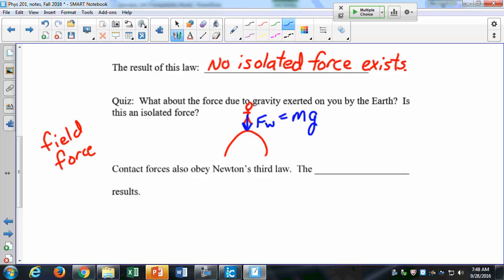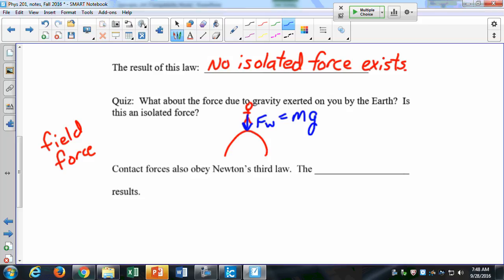So the Earth is pulling down on me, and I'm pulling back up on the Earth with the same force. Okay? Now, the Earth is so massive that the force that I apply to the Earth is minuscule in effect, right? Because the Earth has a much larger mass than me, so I'm not going to cause it to accelerate in the same way that it causes me to accelerate, because it's so much more massive. You follow me on this?